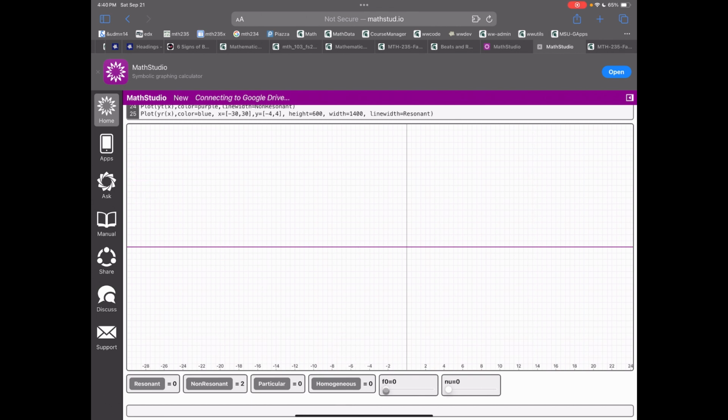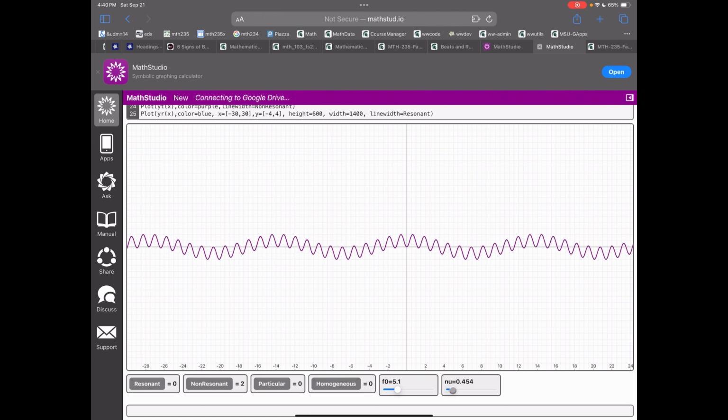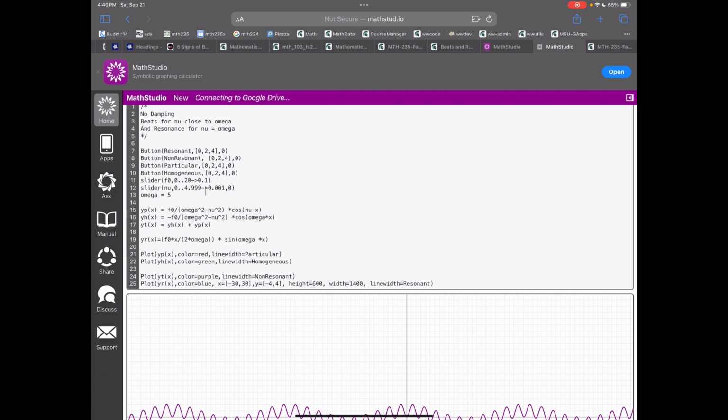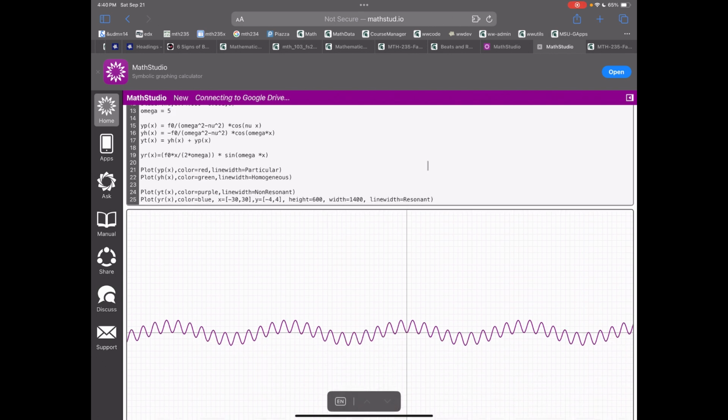We need to put in some amplitude, so we have this f0, and nu, which I'm going to change, is the driving frequency, so we need to increase the driving frequency. This program assumes that omega is 5. This omega actually is omega 0 in our convention, the natural frequency, which is 5.